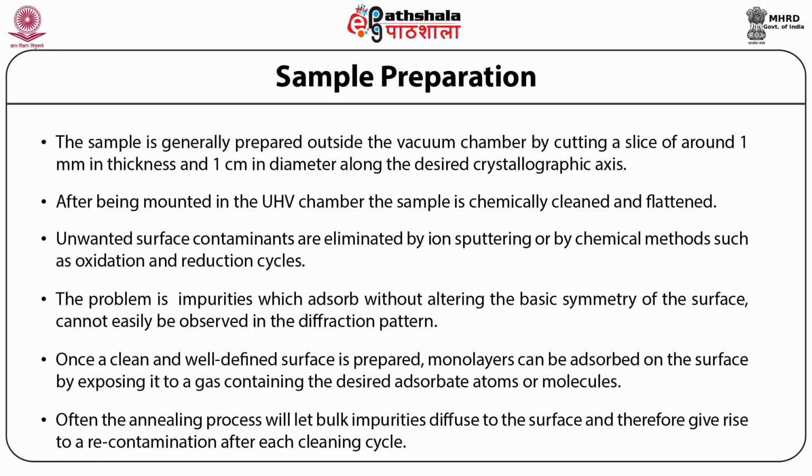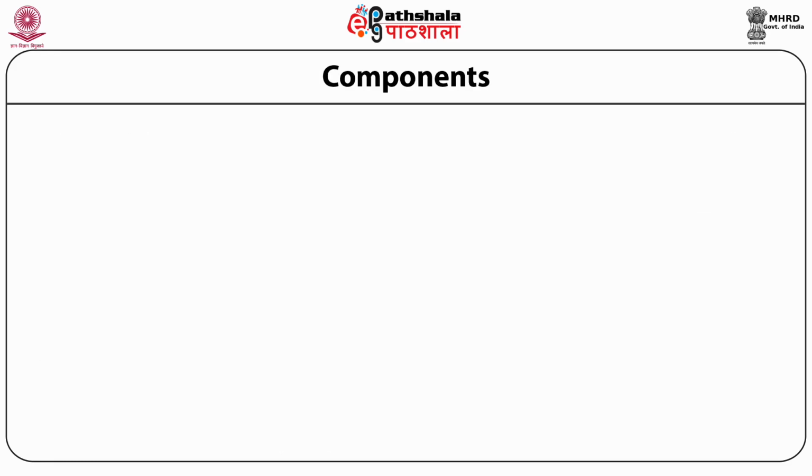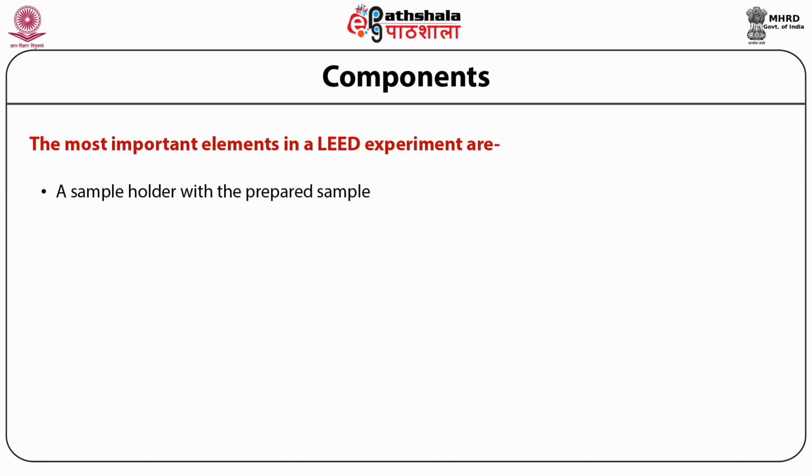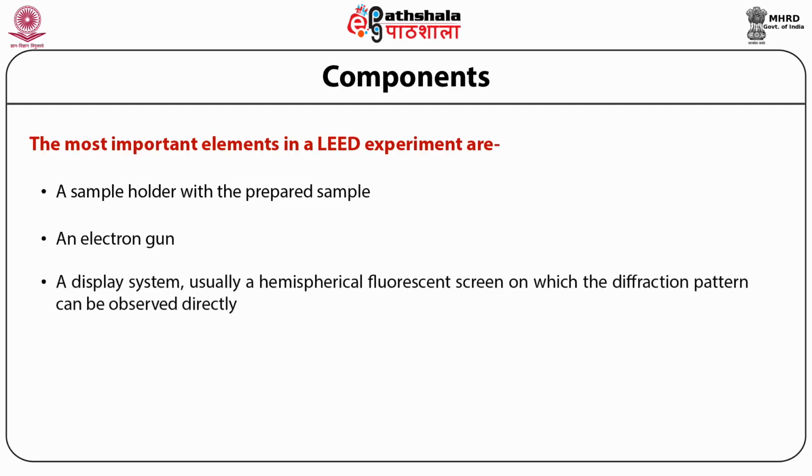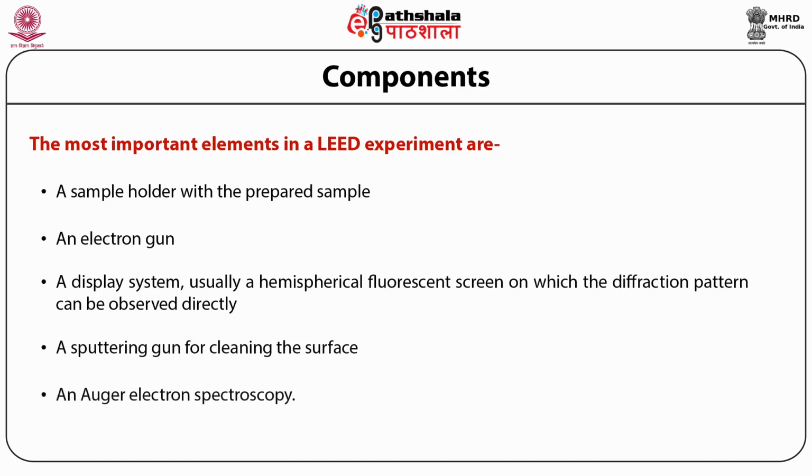Components of LEED. The most important elements in a LEED experiment are: point 1, a sample holder with the prepared sample; point 2, an electron gun; point 3, a display system, usually a hemispherical fluorescent screen on which the diffraction pattern can be observed directly; point 4, a sputtering gun for cleaning the surface; and point 5, Auger electron spectroscopy.